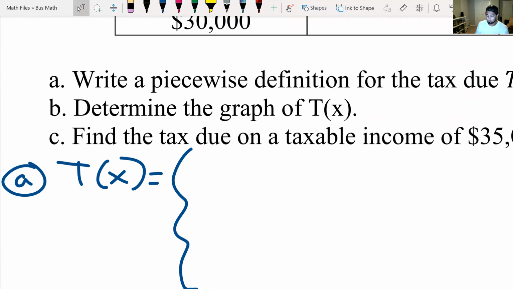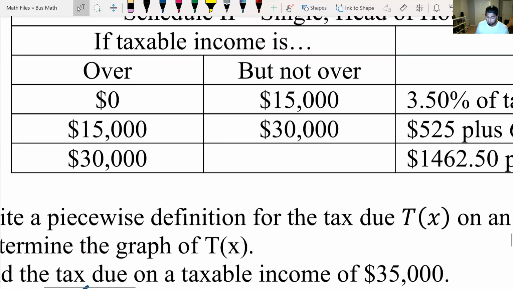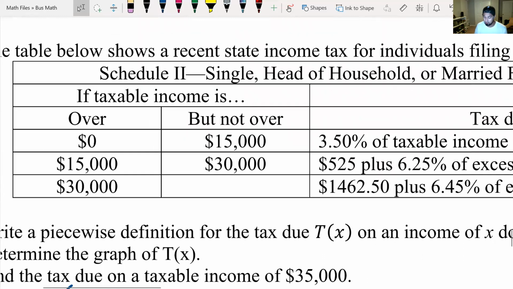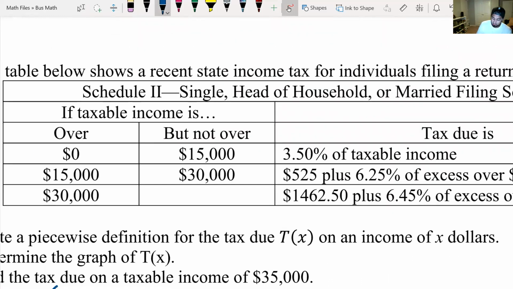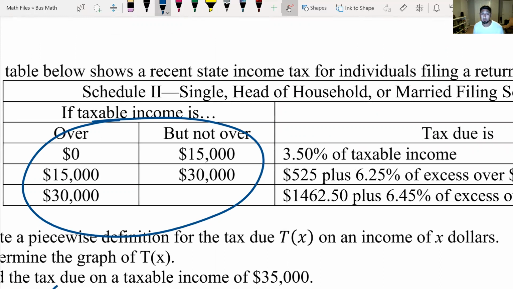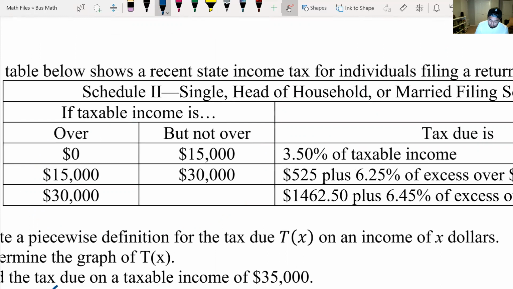Okay, well, it's giving us restrictions, if you haven't noticed. These two columns are the restrictions. So for the very first row, it says if we make over $0, but not over $15,000, we'll pay 3.5% of taxable income.